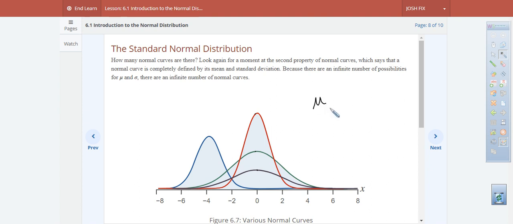So the mean of the black is equal to the mean of the green, which is equal to the mean of the red.